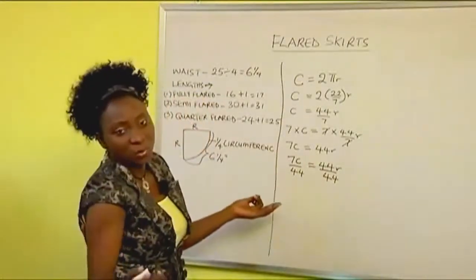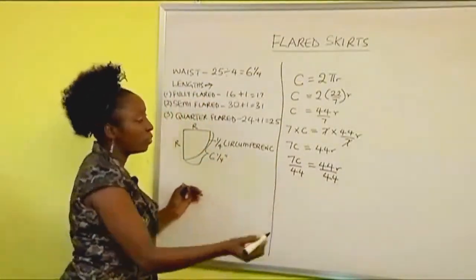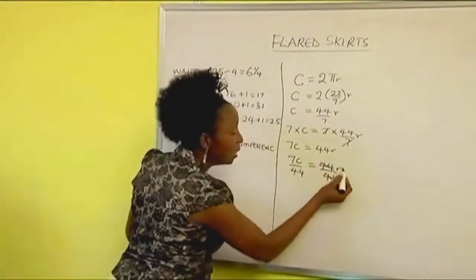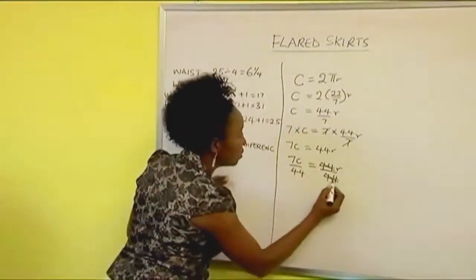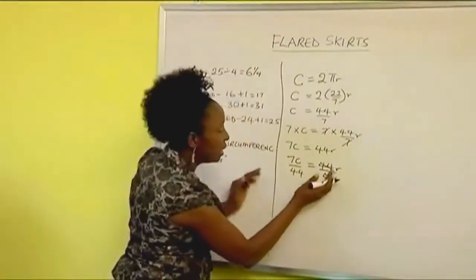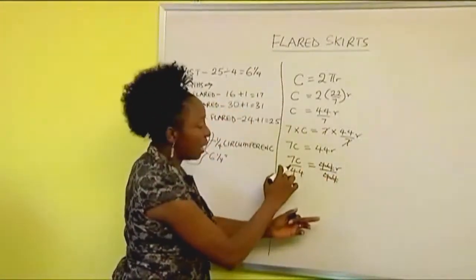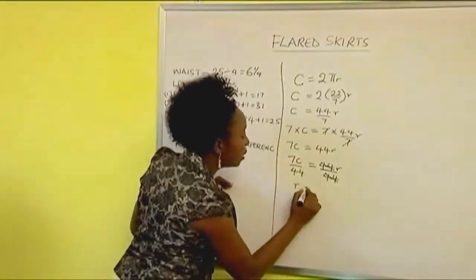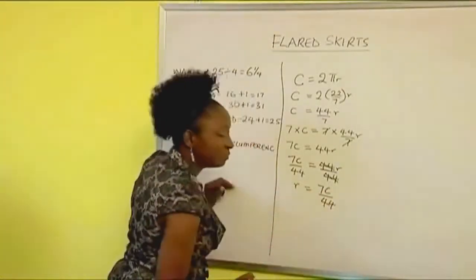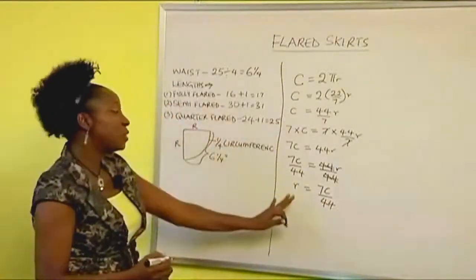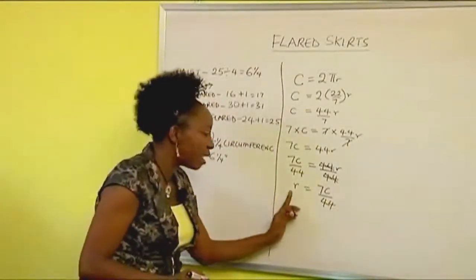Now, once I've done this, I just cancel 44 with 44, and then what I'm left with is r. You can see that. So now I'll change this to the other side, and that will be r equals 7C/44.